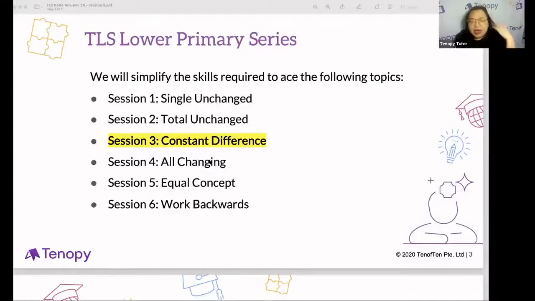Before I end today's session, I just want to have a quick feedback from all of you. Do any of you find that the timing is too late or too early, that you would prefer the session to be earlier or later? Any feedback for that?